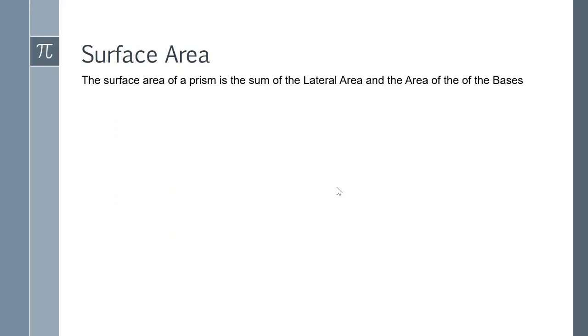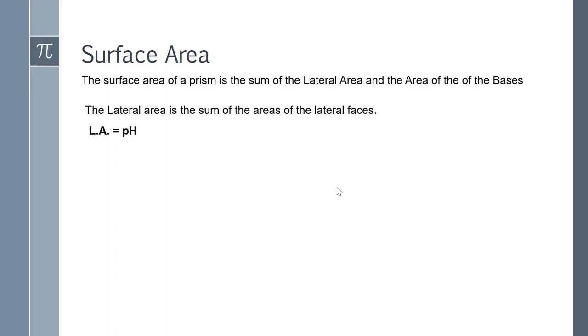So let's talk about what surface area is. The surface area of a prism is the sum of the lateral area, so that's adding up all those lateral faces, and then adding up the area of the two bases. So that's the surface area. The lateral area is the sum of the areas of all the lateral faces. We just said that.